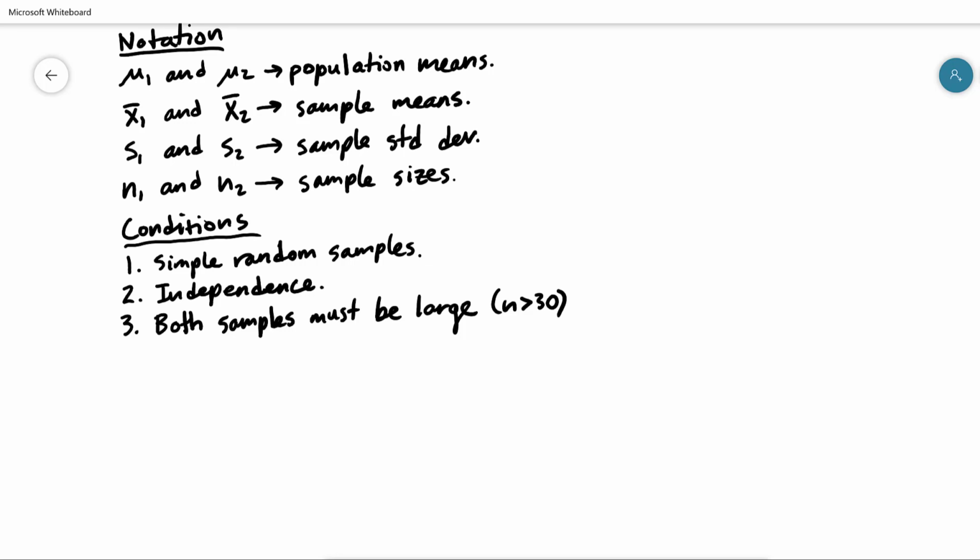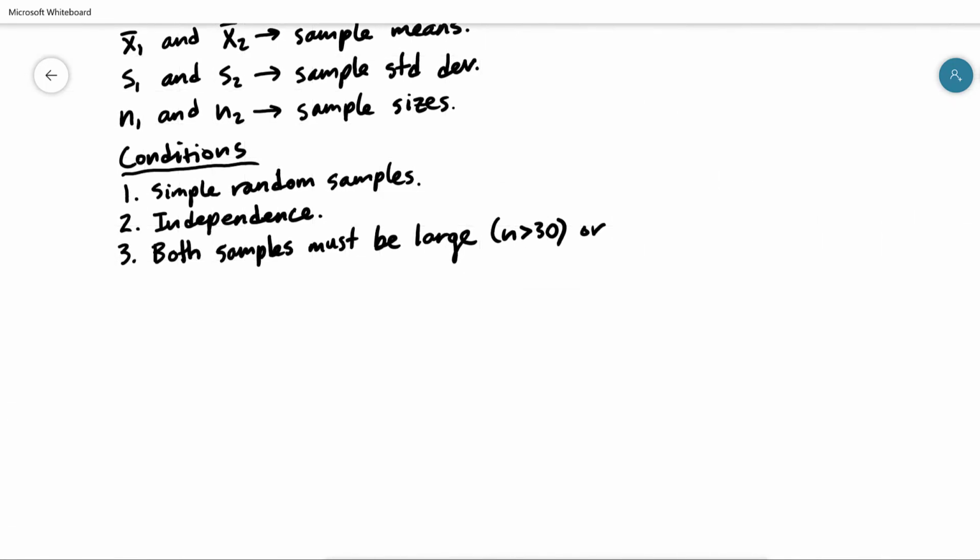The other way that if we have small samples that we could wind up still being able to follow this normal distribution, so both samples must be large, we'll get a normal distribution, or if we draw the samples from populations that are normally distributed to begin with, we'll also be able to be assured that our results will follow the normal distribution that we're hoping.